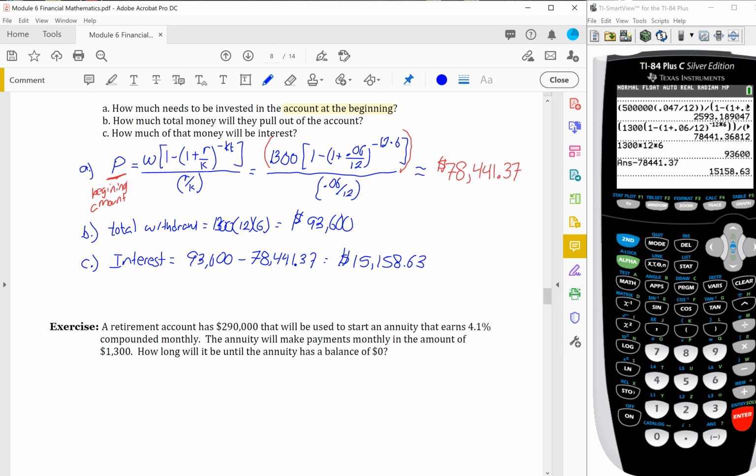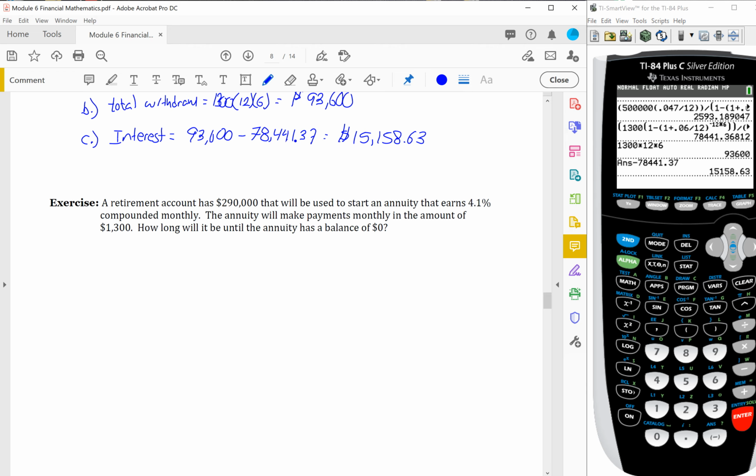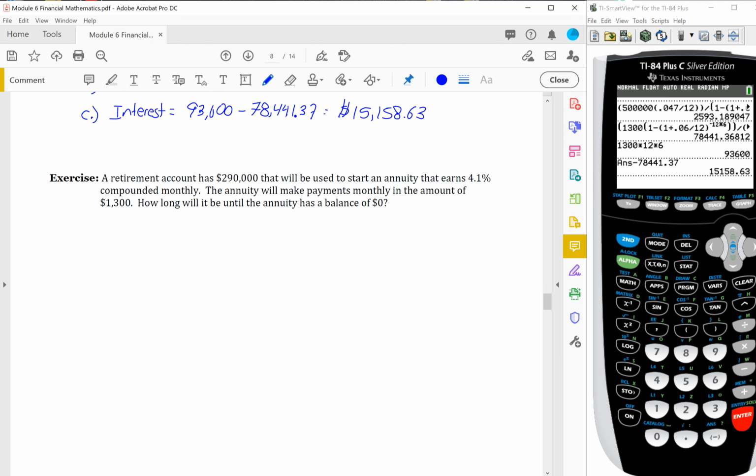Okay, let's try one more exercise here. Now, there is one in your homework like this. It's very similar. So as you look at this exercise, think about how this will relate to the problem that you have in your homework. This one says, a retirement account has $290,000. That will be used to start an annuity that earns 4.1% interest compounded monthly.